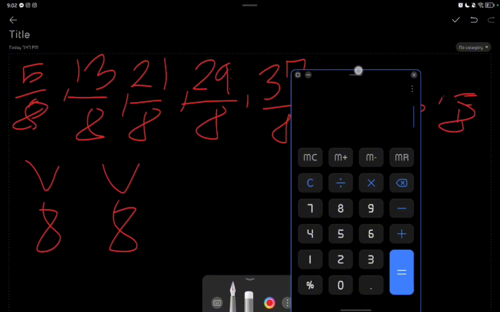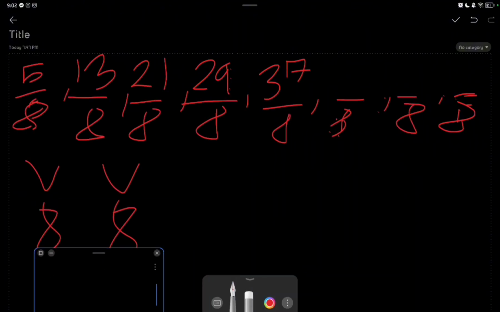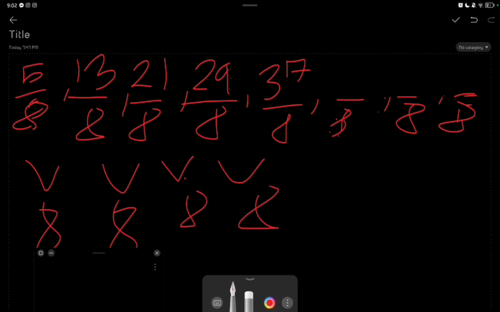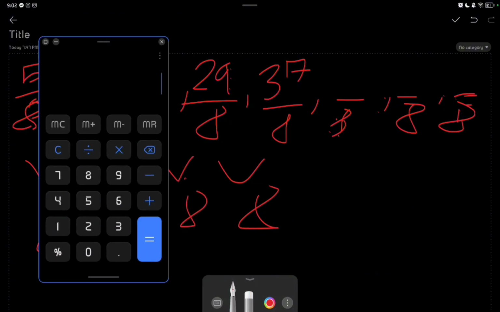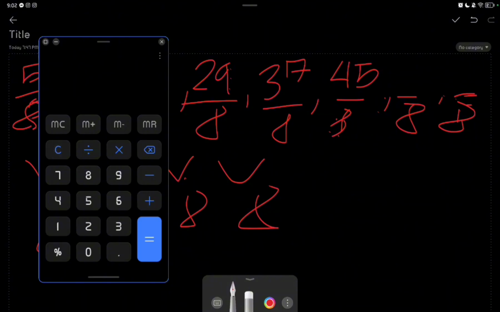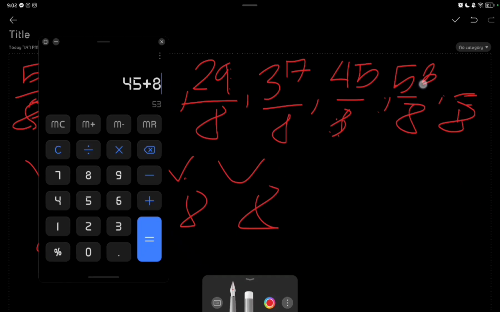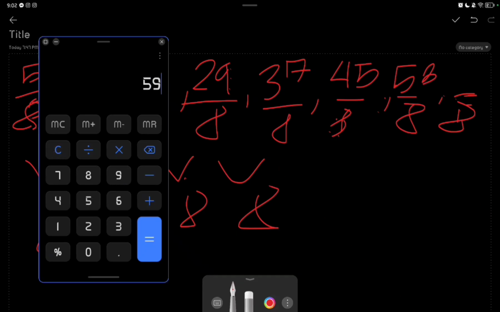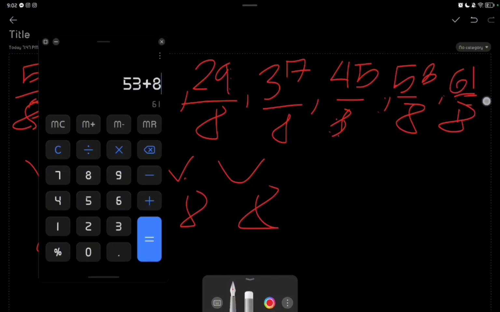So now, obviously, we can see the pattern here is adding 8. We add 8 and then that is the next term. So here, the next three terms: 37 plus 8 is 45. And then 45 plus 8, 53. And then 53 plus 8 is 61. So that is the next three terms.